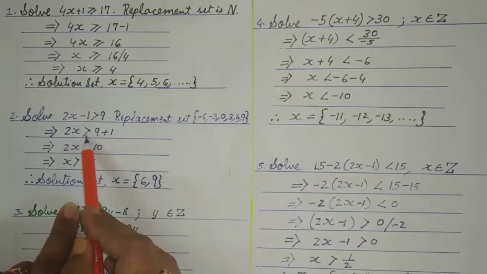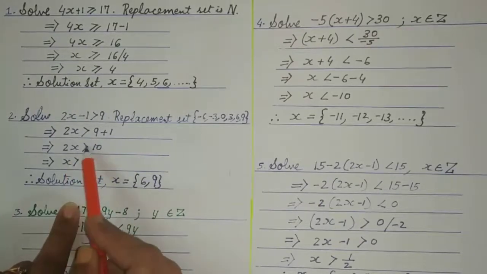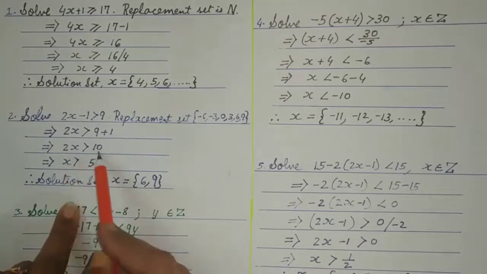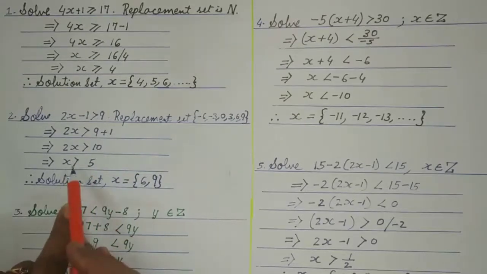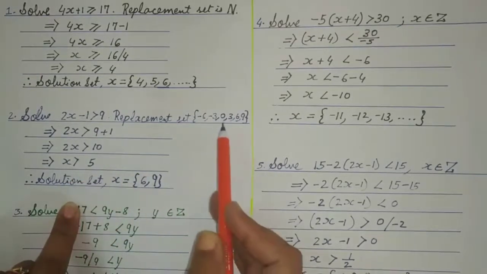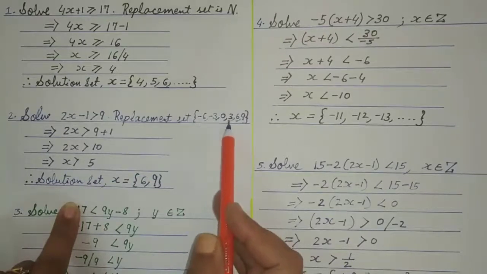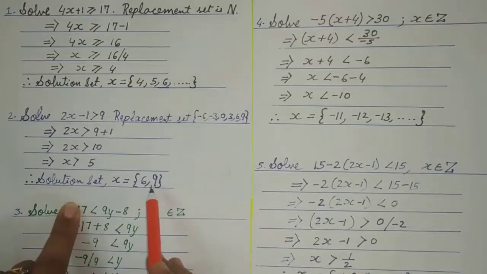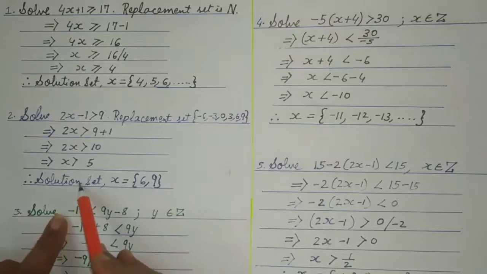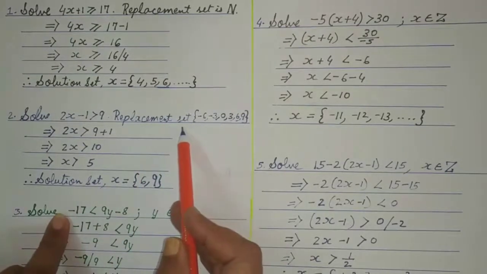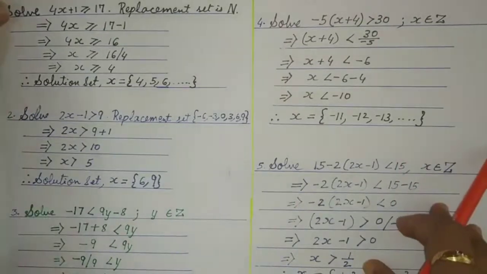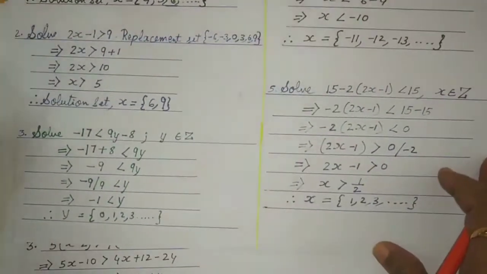The sign does not change. 2x is greater than 10. 2 gets divided, a positive number is dividing, the sign is not changing. So x is greater than 5. From here, the elements greater than 5 are only 6 and 9, which is the solution set taken from the given replacement set.